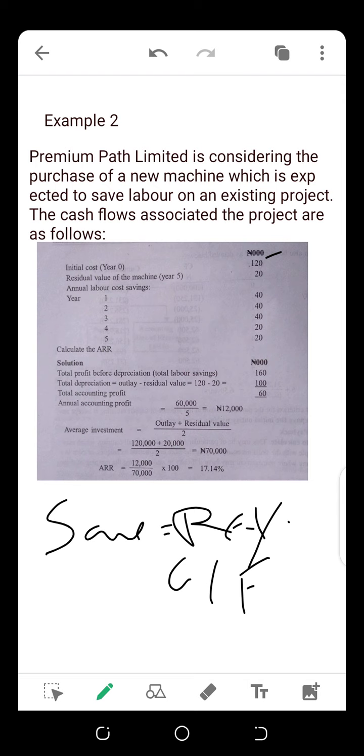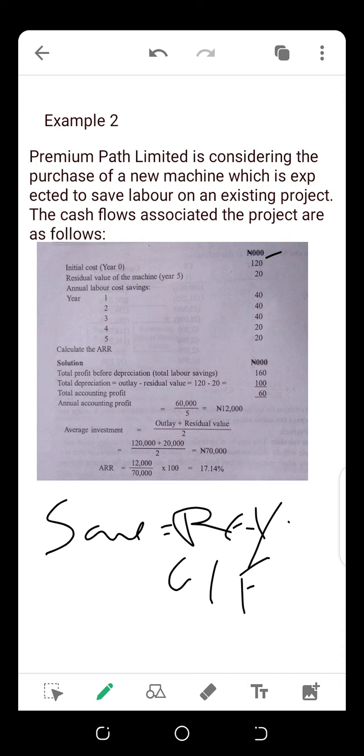Don't forget that the profit we always use under accounting rate of return is always the profit after charging all accounting expenses and depreciation. It's very, very important. Now, we've been given the cash inflow, which is the return, the earnings we went to go and save somewhere.